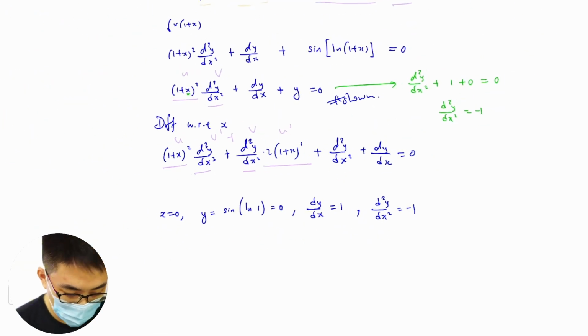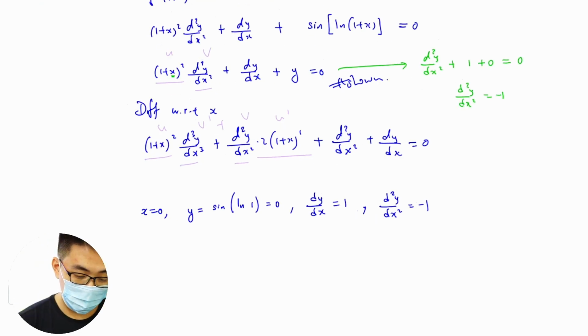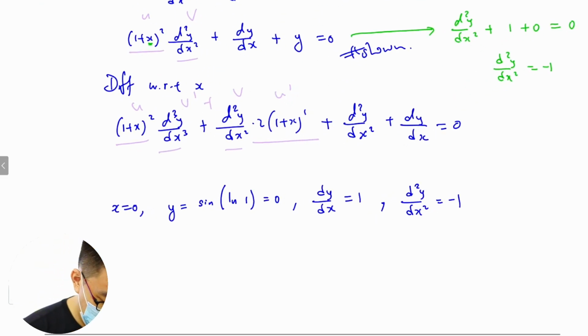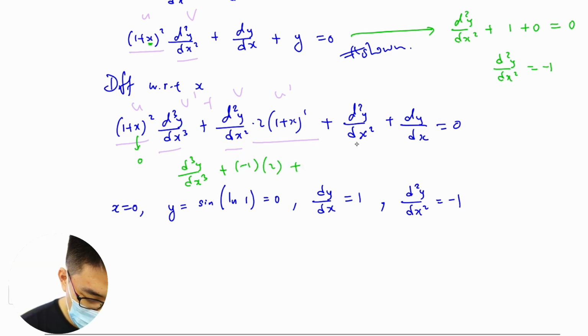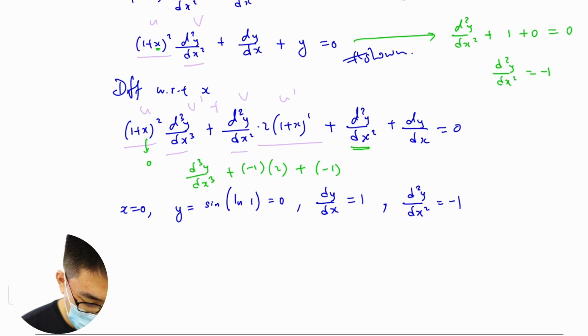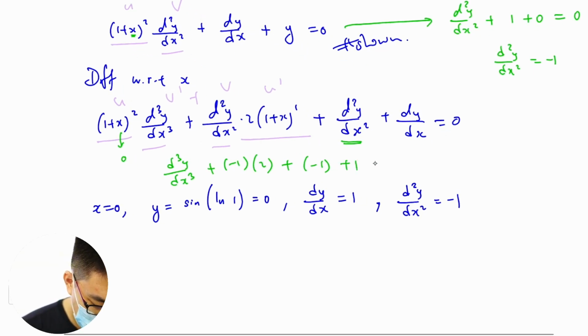Okay, then d cubed, just substitute here. This is 0. Just eyeball can already. This is minus 1 times 2. This one is minus 1. dy dx is how much? dy dx is 1.